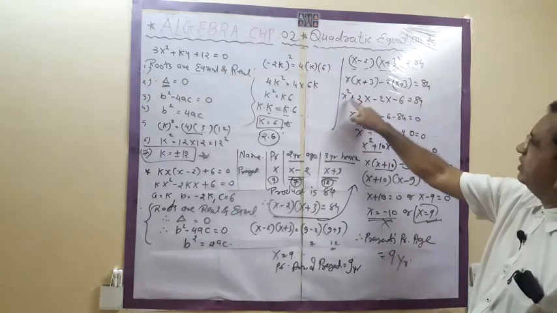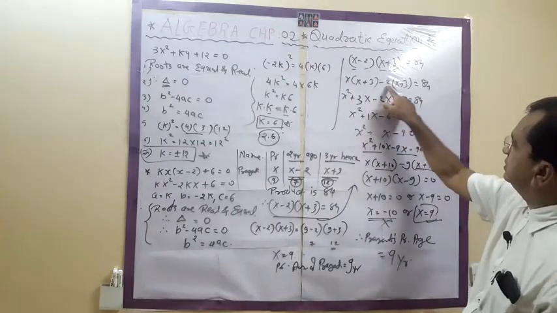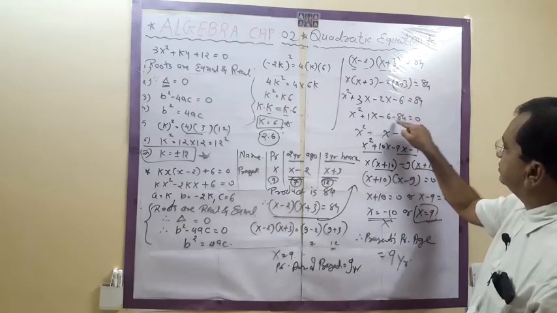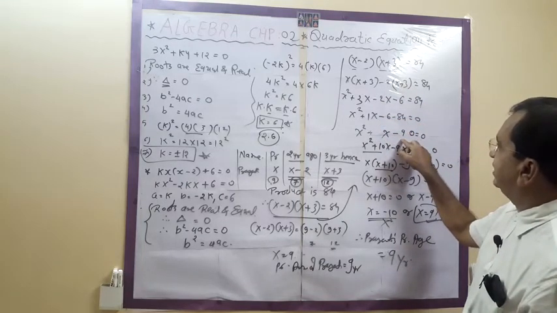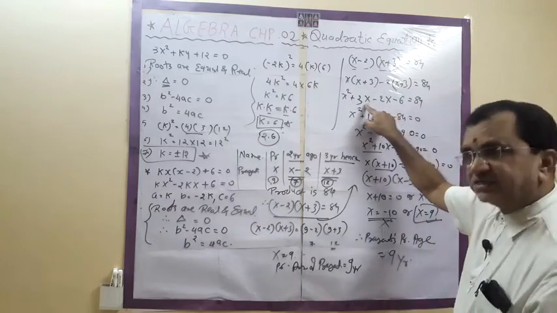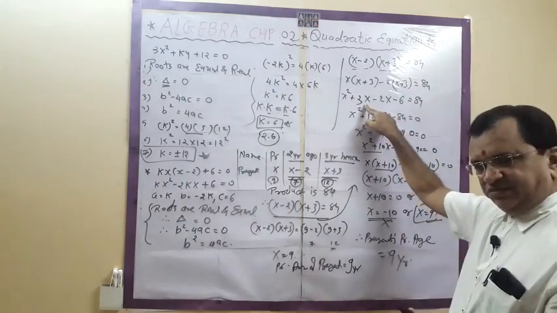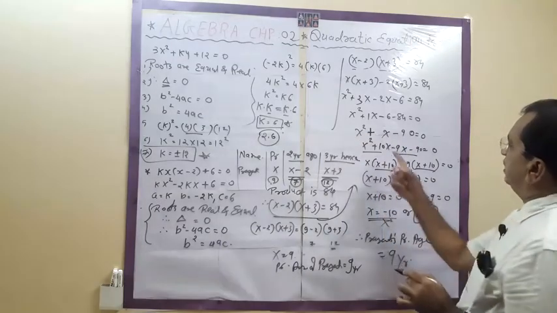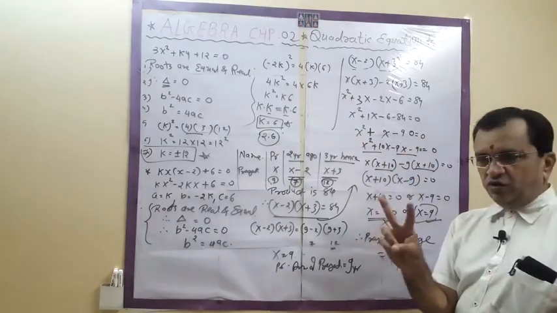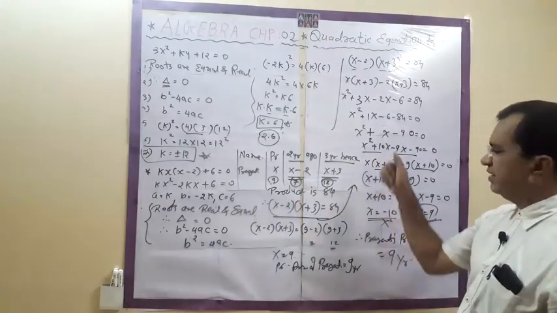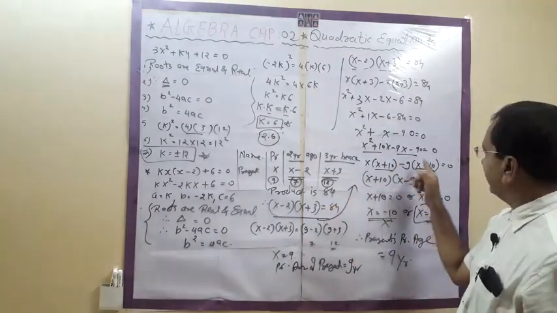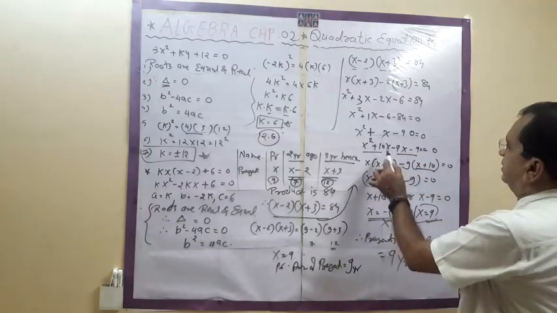So this is x square, 3x, 2x, minus 6, 84. 84 comes this side, so this becomes minus 90. Plus 3x minus 2x, which is x only. Correct? Now 90 I have divided into two parts such that the middle term I get 1. 10 nines are 90. So plus 10 minus 9 is equal to plus 1.